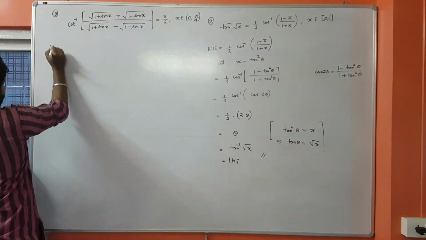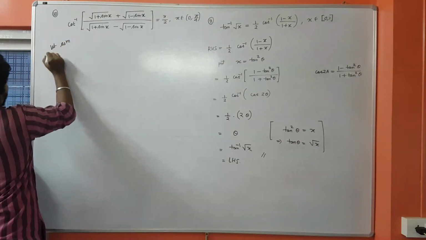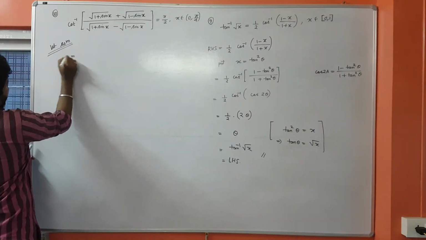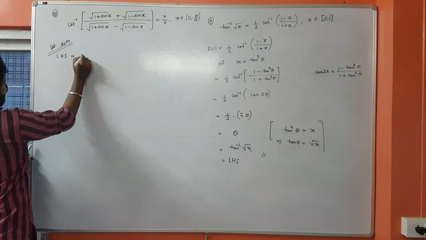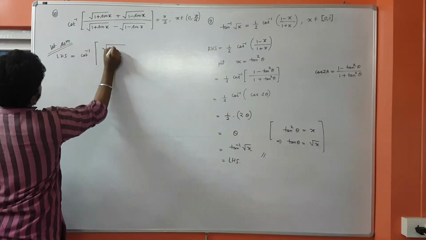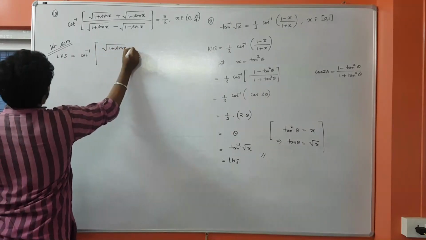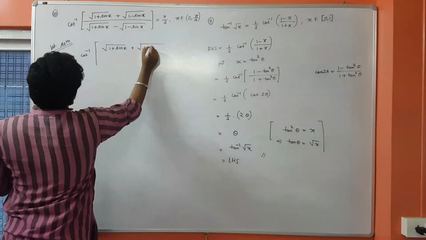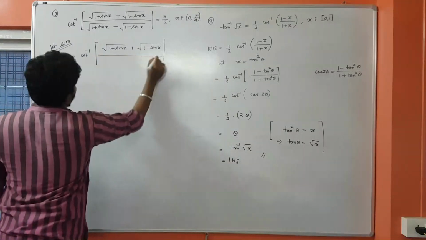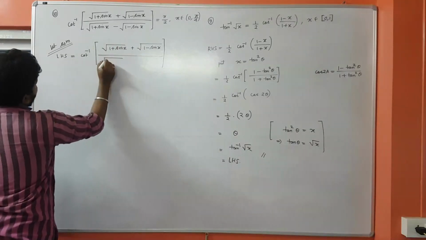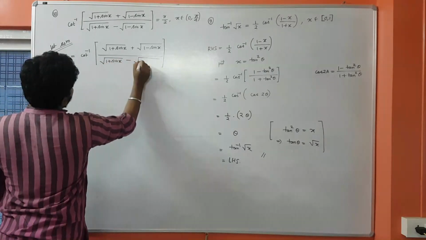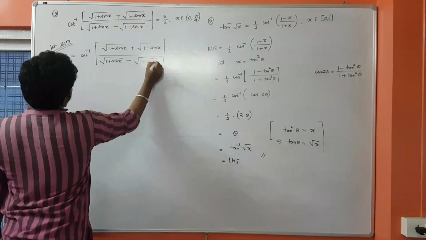First solution, LHS, cot inverse of (square root of 1 plus sin x plus square root of 1 minus sin x) divided by (square root of 1 plus sin x minus square root of 1 minus sin x).